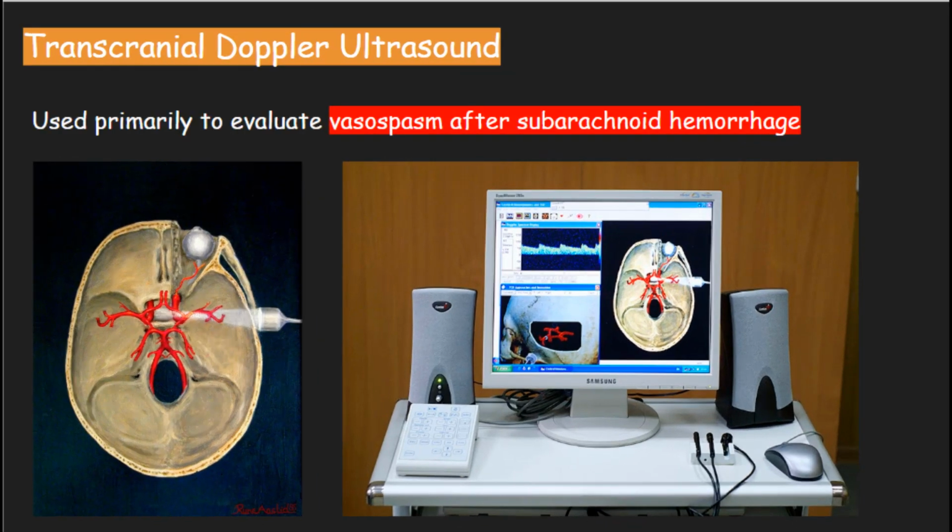Transcranial Doppler is used to assess proximal intracranial arteries, especially in case of arterial vasospasm after aneurysmal subarachnoid hemorrhage.